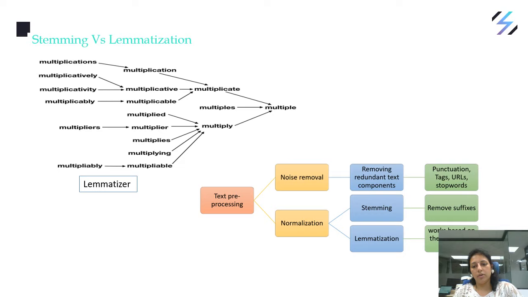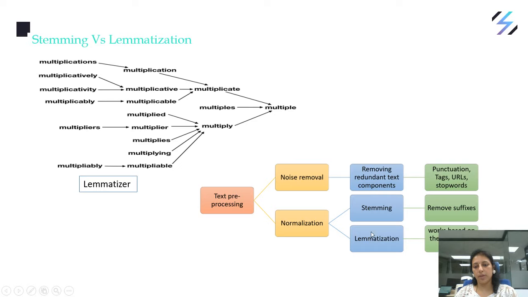These will not be of any meaning when we do document comparisons, and they are not important words, so it makes sense to remove these stop words as well while doing our comparisons.